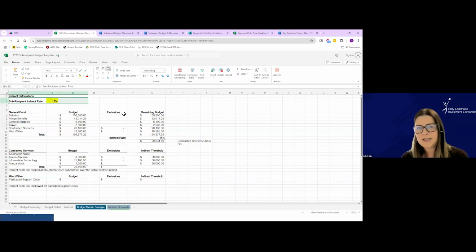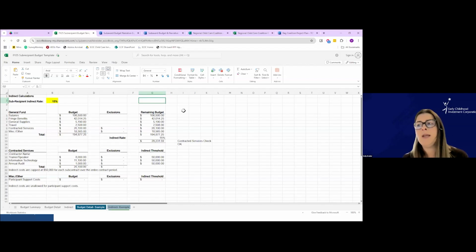Your finance folks may be familiar with that terminology. It essentially means there are costs that we cannot include or that we cap in that indirect rate. And so the formula, this indirect tab here, is set up to do just that. So you don't have to figure out those formulas on your own or do that math.